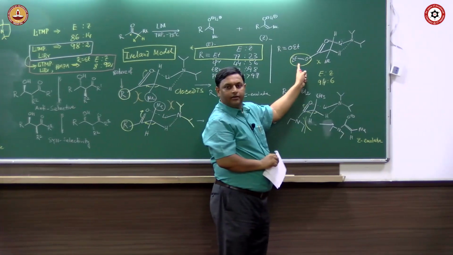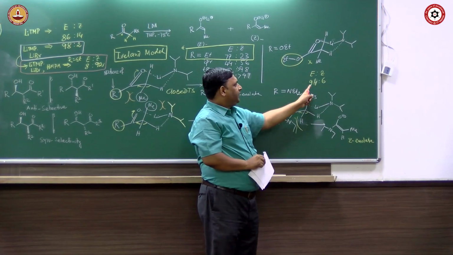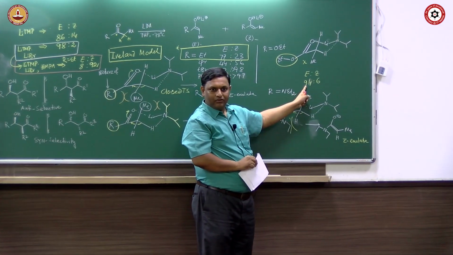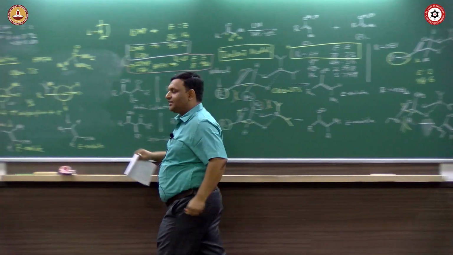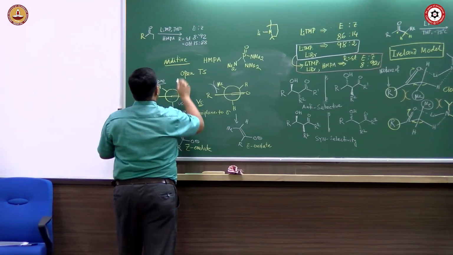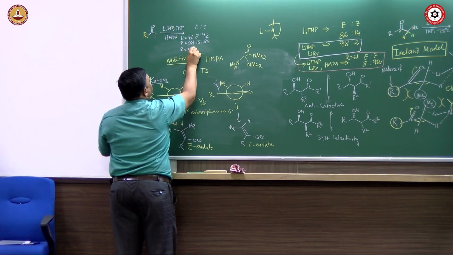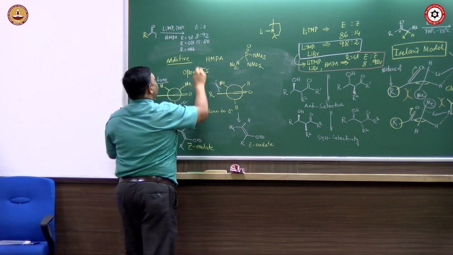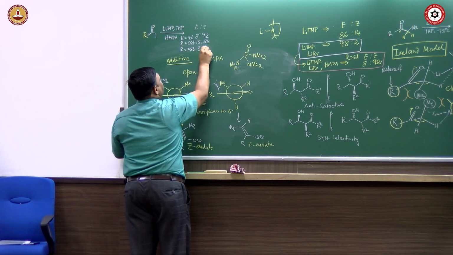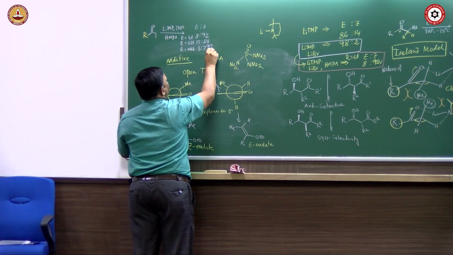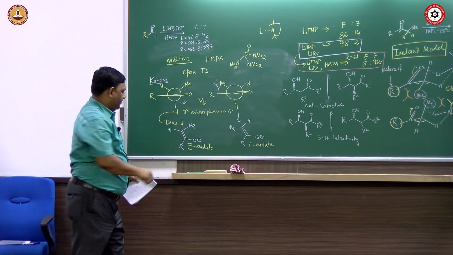When you have the normal condition, E is the major, but now we have Z as the major. And now, if you look at R is equal to NEt2, then it is what you are expecting. It doesn't change.